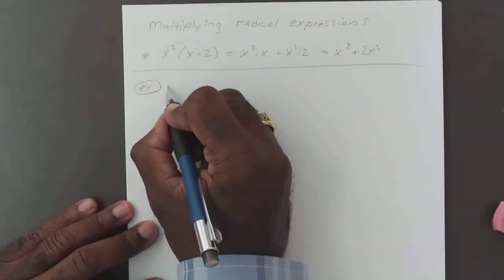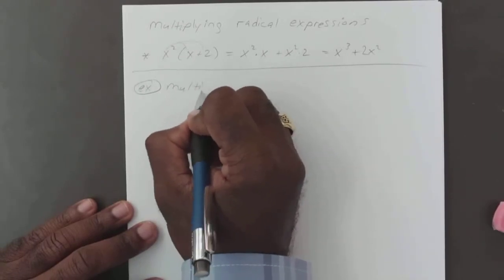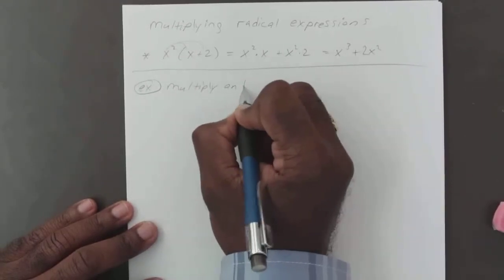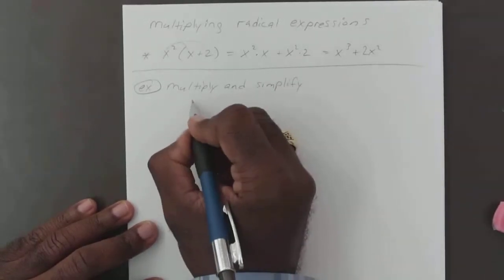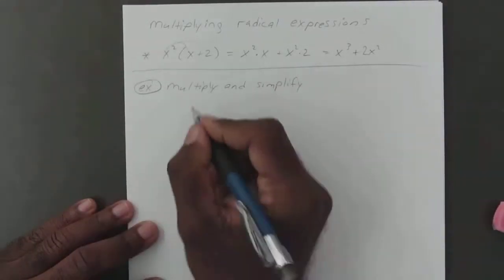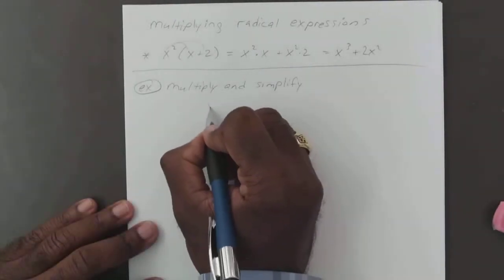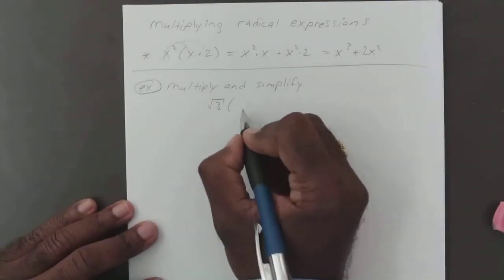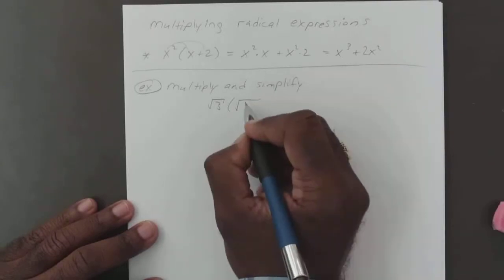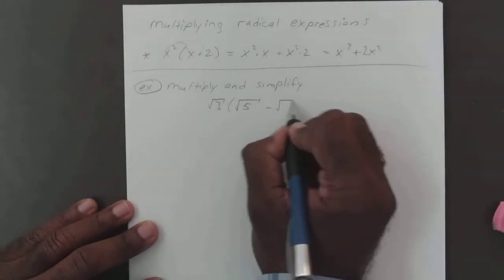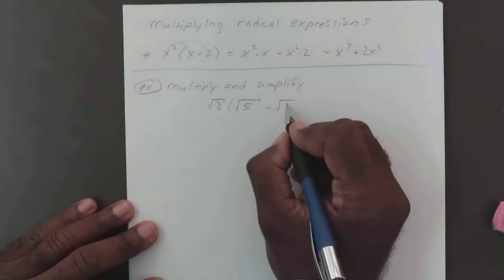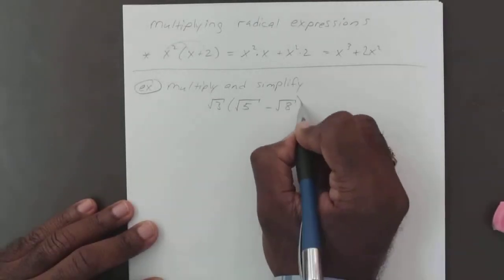Okay, so if you want to multiply and simplify, say square root of 3 times square root of 5 minus square root of 8.